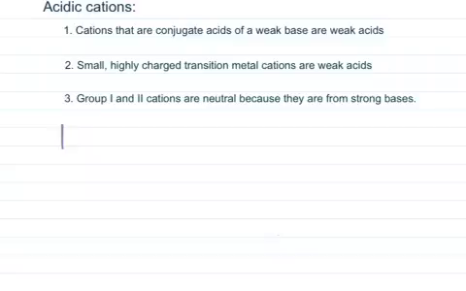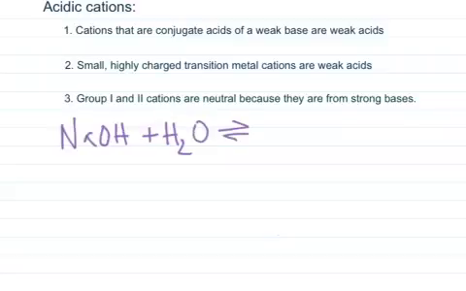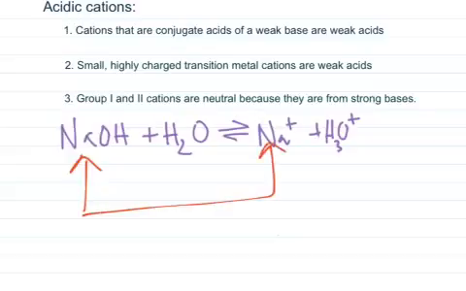So sodium plus water, we're going to get Na plus hydronium. So because sodium hydroxide is a strong base, that means its conjugate, the sodium, is going to be neutral.